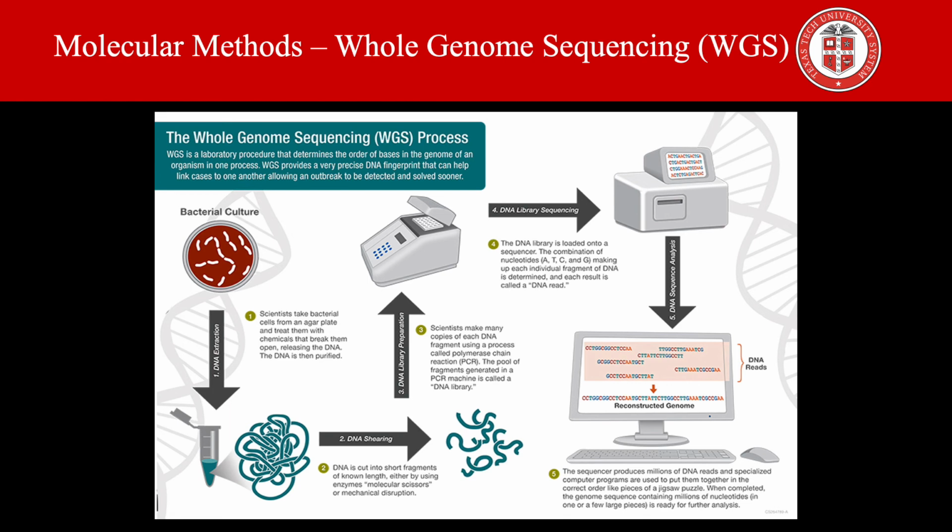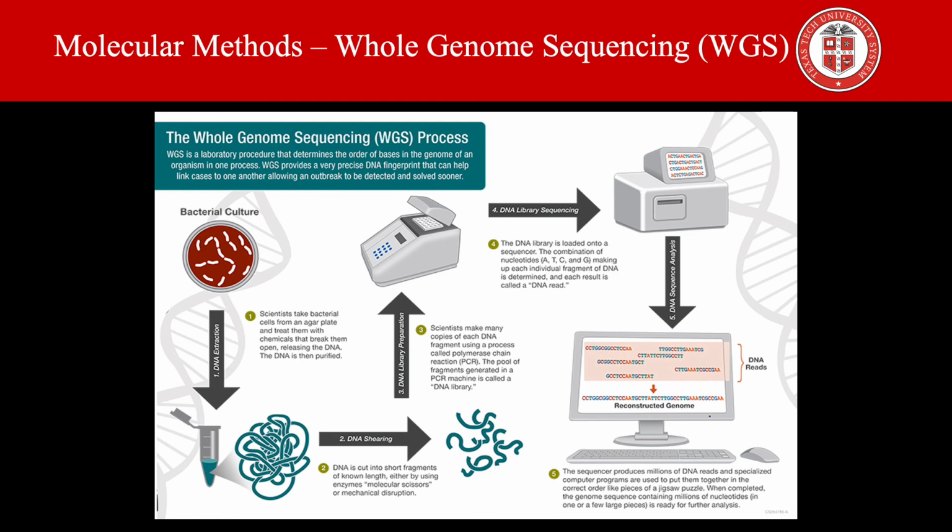Third, we have the whole genome sequencing. So the barcoded DNA from multiple bacteria are combined and put in the whole genome sequencer. The sequencer identifies the adenine, the cytosine, the thymine, and the guanine bases that make up each bacterial sequence. The sequencer uses the barcode to keep track of which bases belong to which bacteria.